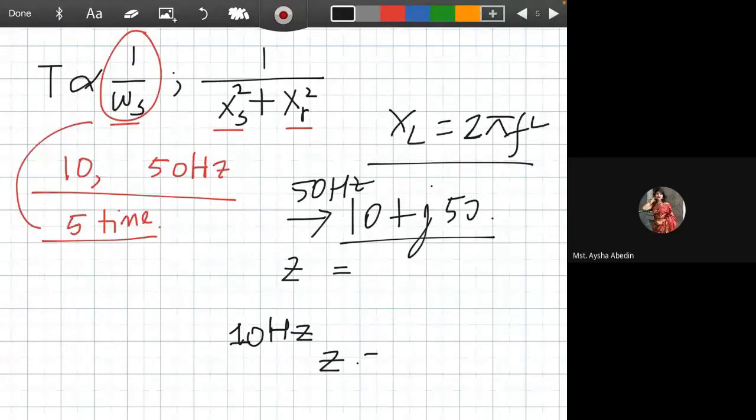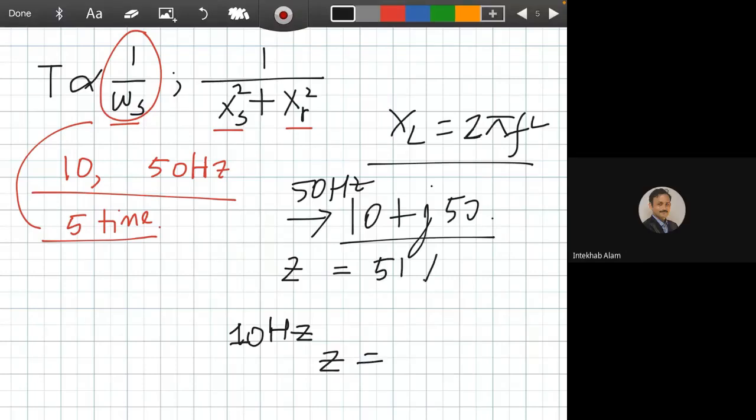51 and the angle? 78.69. For 50 hertz, what is the value? 51 at the angle 78.69.